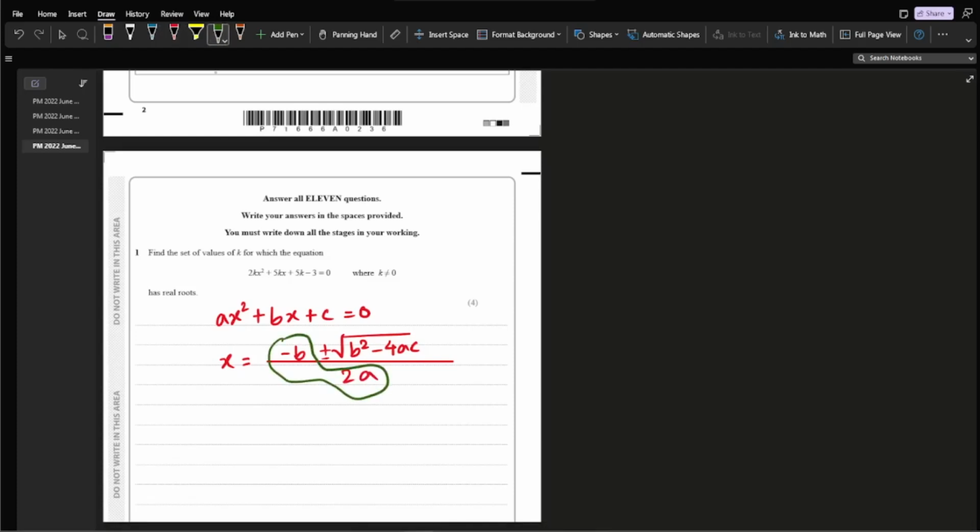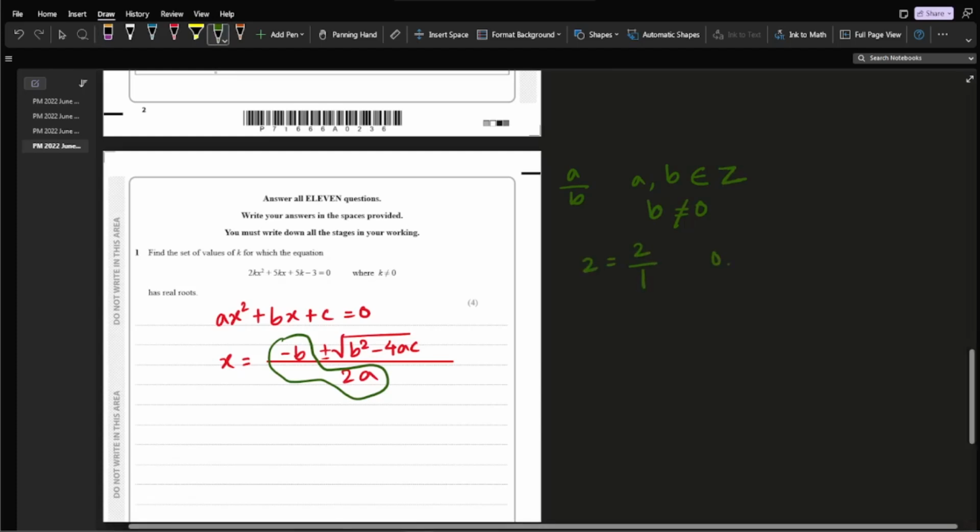Now what is rational? A rational number is a number that can be represented in the form of a divided by b, where a and b are integers and b is not equal to 0. For example, 2 can be represented as 2 over 1. 0.5 can be represented as 1 over 2, where both of them are integers. 0.3333 can be represented as 1 over 3.